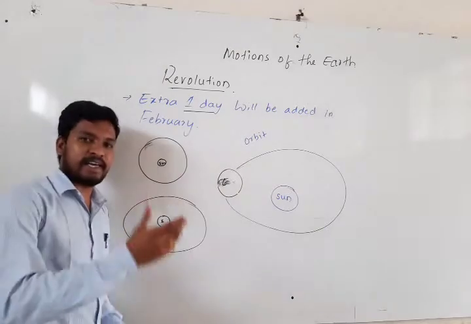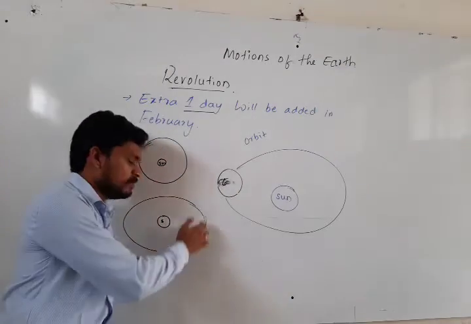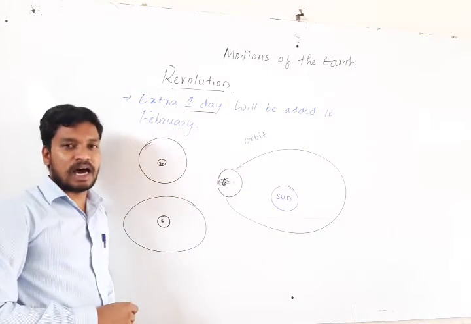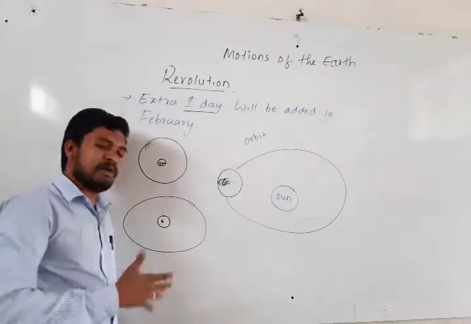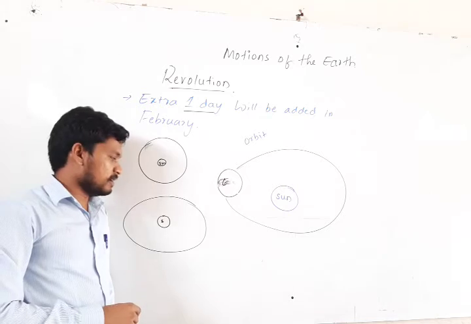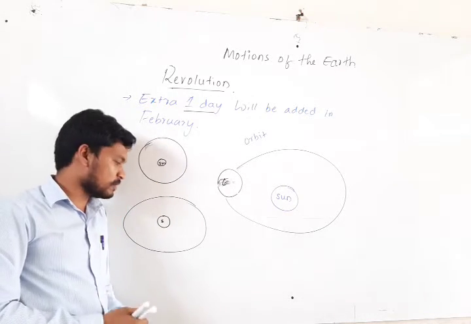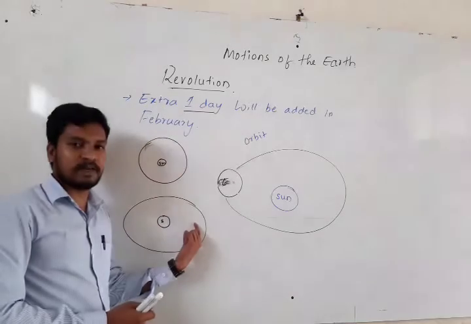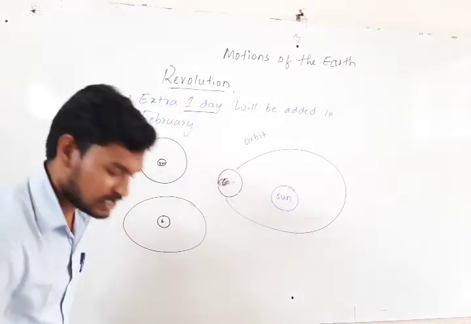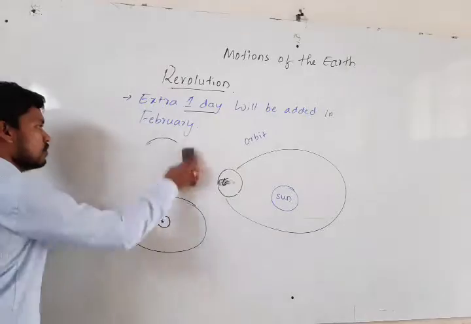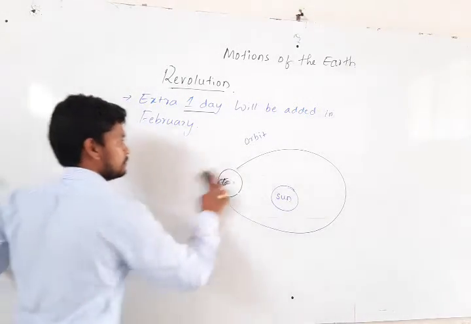You know it's not an egg, so it's the shape of that. We call it an elliptical orbit. We have many names, like oval shape. We know about that in maths. So the Earth moves around the sun in an elliptical orbit.